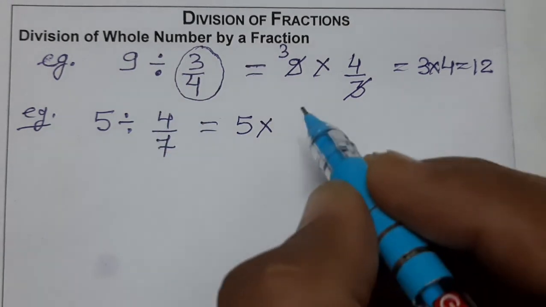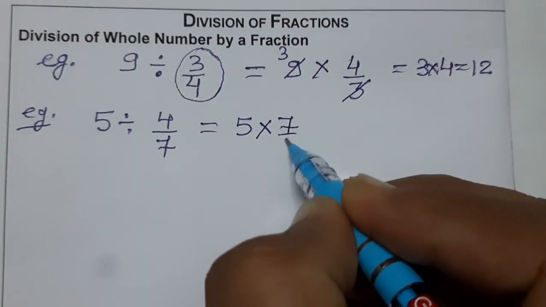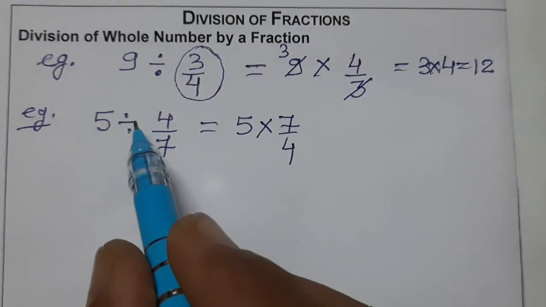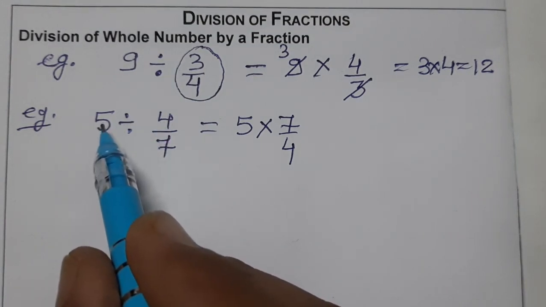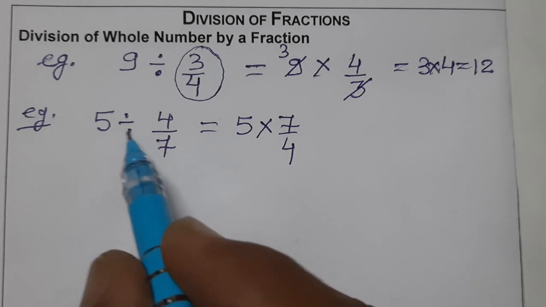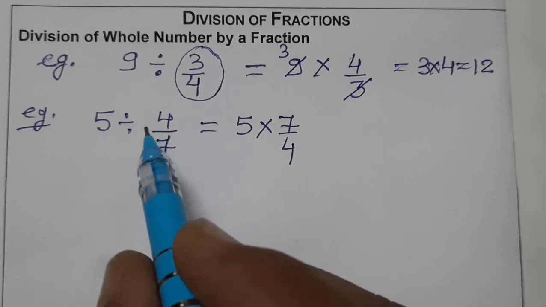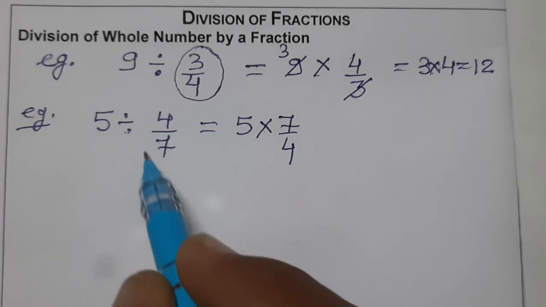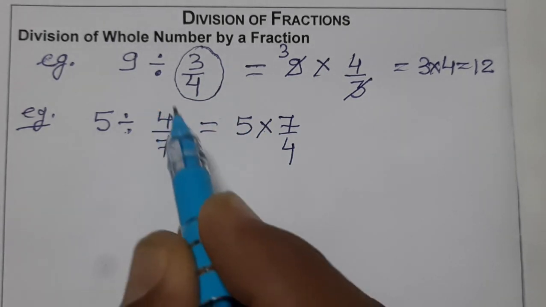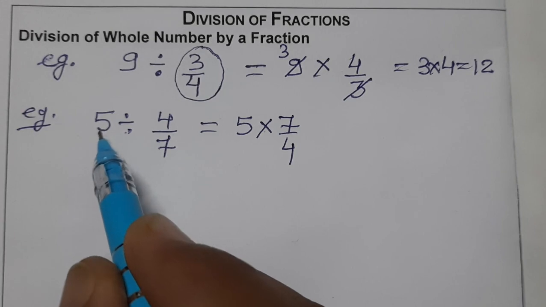So what is the reciprocal of 4 by 7? 7 by 4. Because we can't divide like 5 divided by 4 by 7, it is not possible to divide. So the method is divide is changed to multiplication, and always take the reciprocal of the right hand side one. Don't take the reciprocal of 5, otherwise it will be wrong.